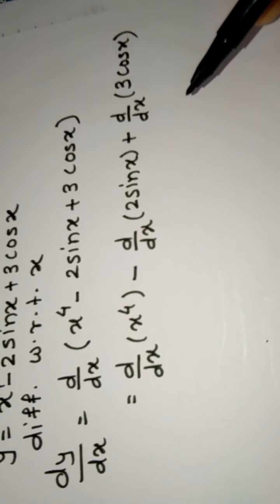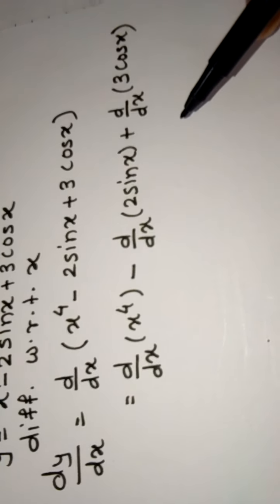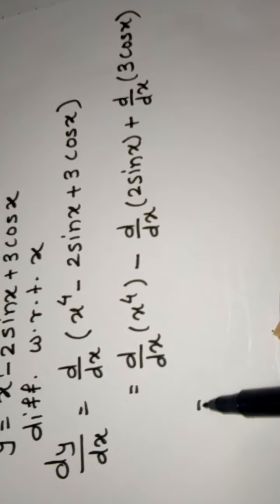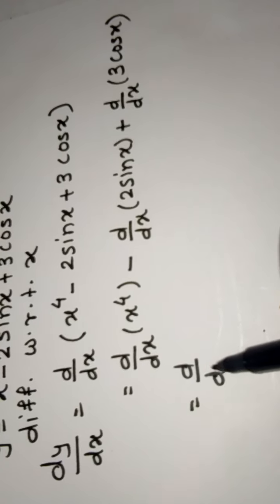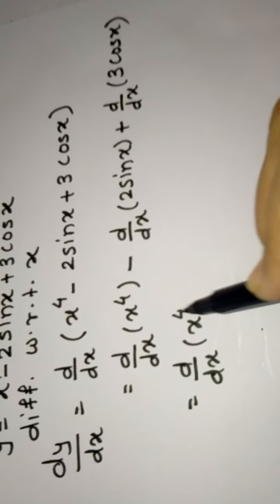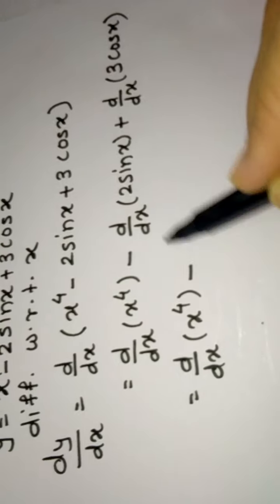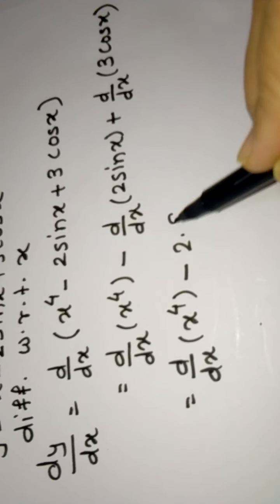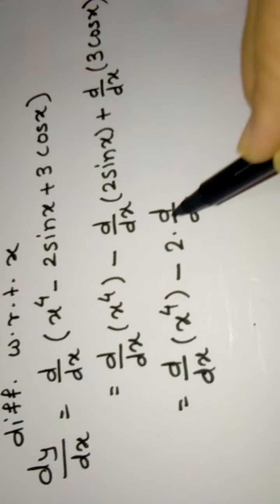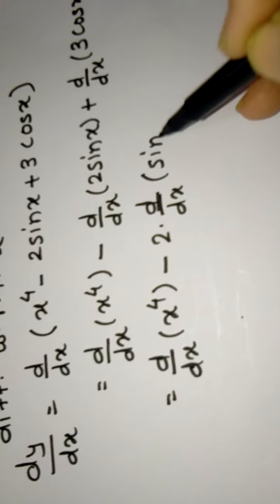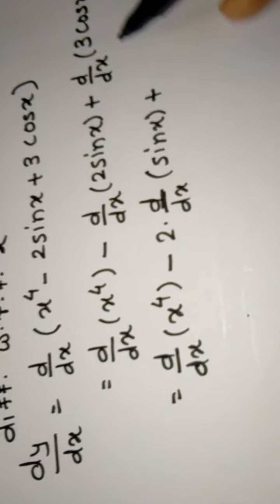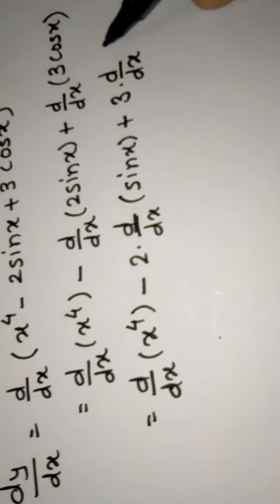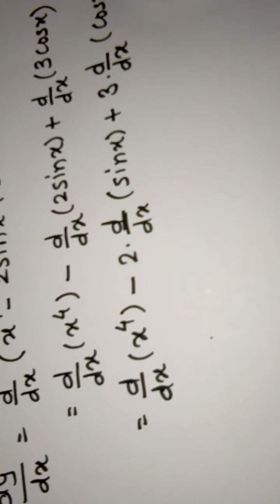Again we have learned, if a constant is there, then take the constant out of the derivative, that is d by dx of x raised to 4 minus, constant 2 is out, 2 into d by dx of sin x plus 3 outside the bracket d by dx of cos x.